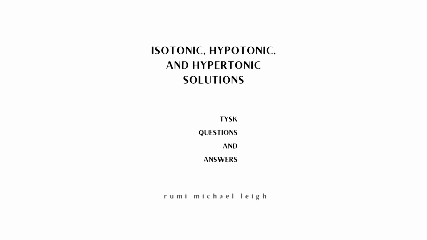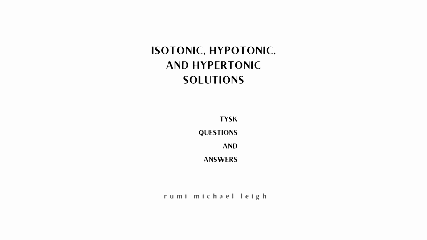Cytolysis is also called osmotic lysis. 4. What are the 3 types of solutions? The 3 types of solutions are hypertonic, hypotonic and isotonic solutions. 5. What is a hypertonic solution? A hypertonic solution is a solution with too much concentration.